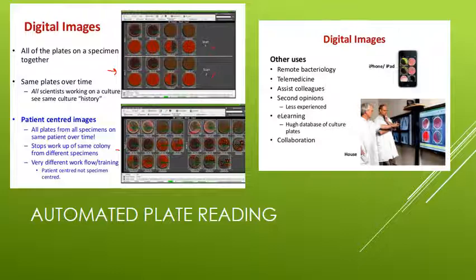When you're talking about automated plate reading, you get to look at all the plates of that specimen type on that patient at the same time, and so it allows you to have better reference for that patient. Let's stick with our sputum specimen.